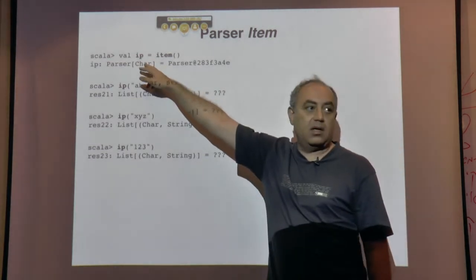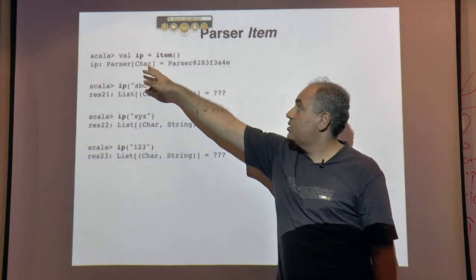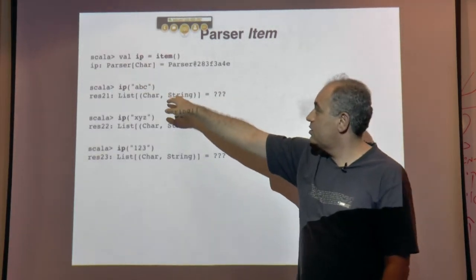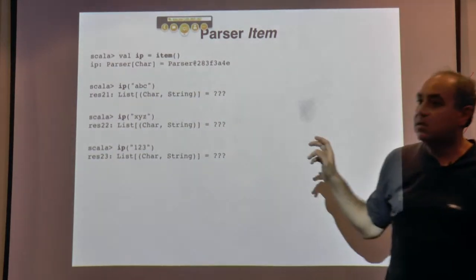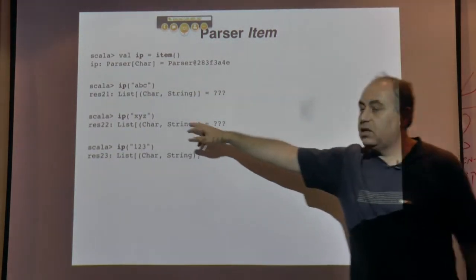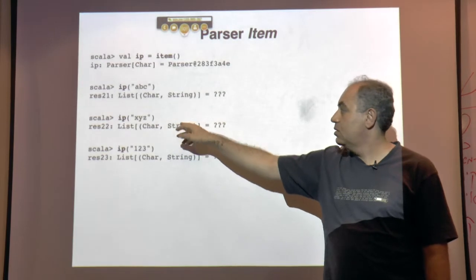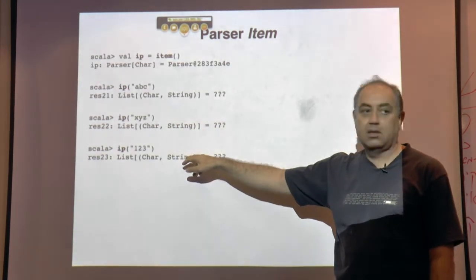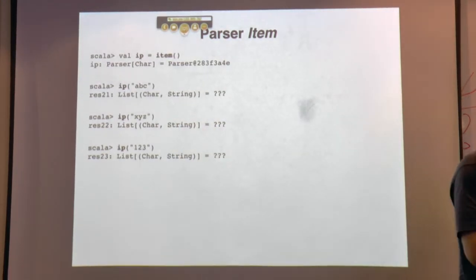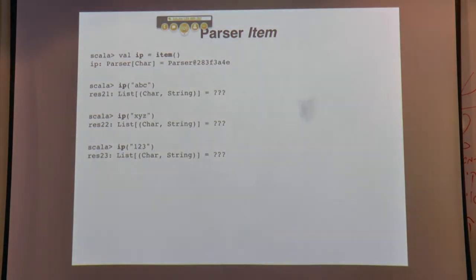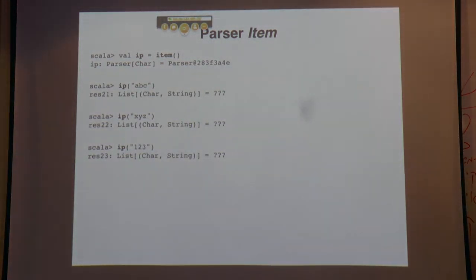I've created a parser item, and what is the result? A and BC. And here? Great. So item consumes just the first character of the input stream, and if the string is empty, it fails.